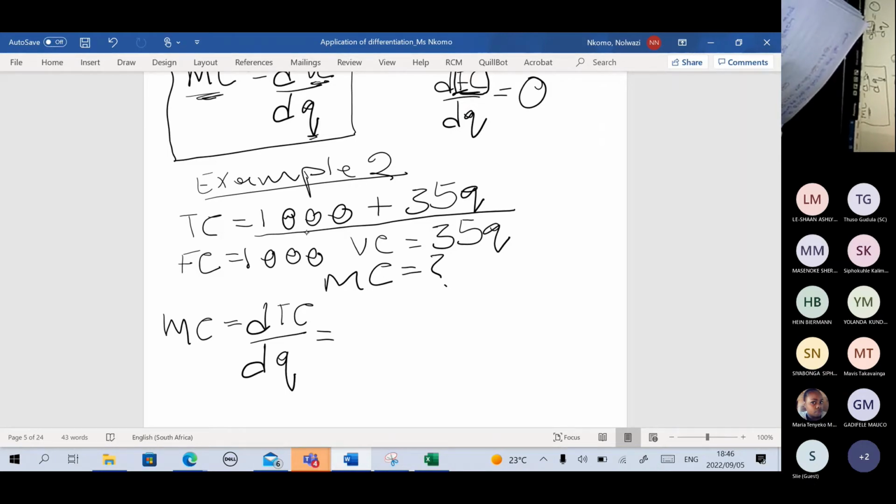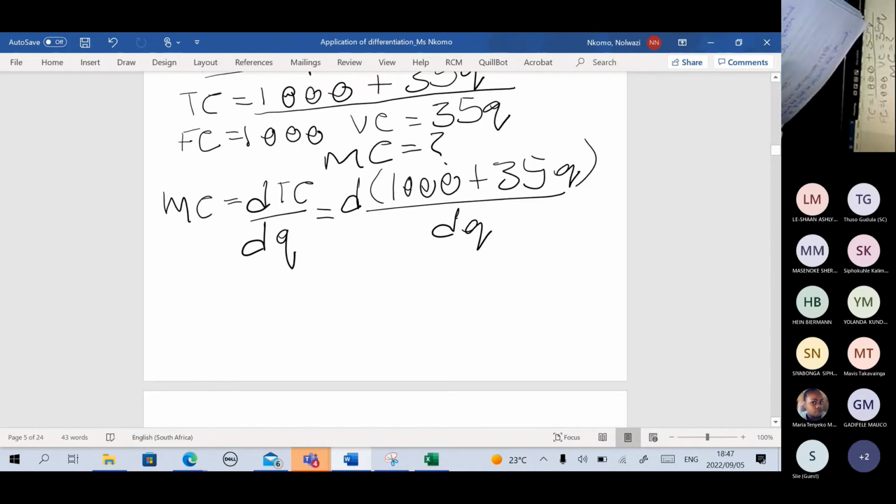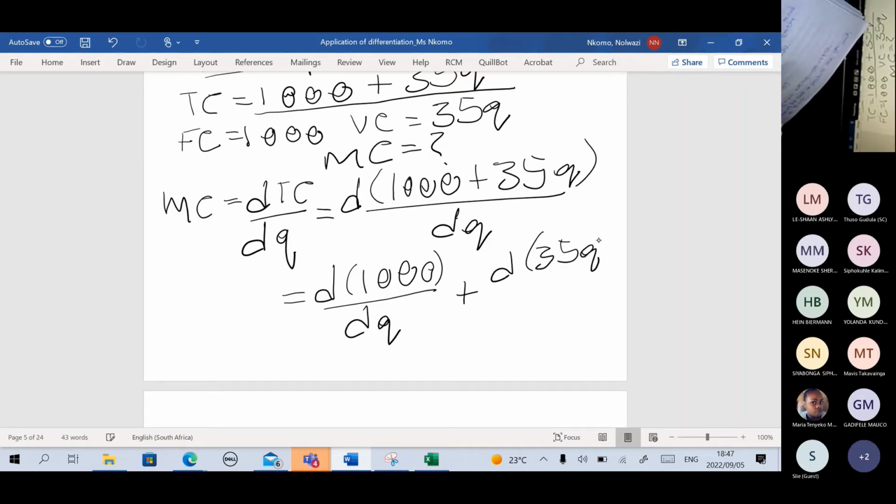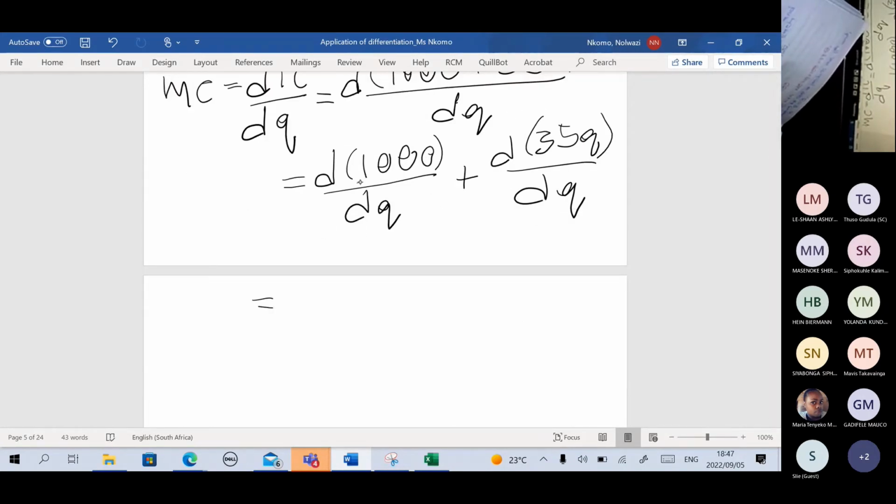Our total cost is 1,000 plus 35Q, right? So this means we have the derivative of 1,000 plus 35Q with respect to Q, which is the same thing as the derivative of 1,000 with respect to Q plus the derivative of 35Q with respect to Q. The derivative of 1,000 with respect to Q, remember 1,000 is just a constant, and a derivative of a constant is 0.